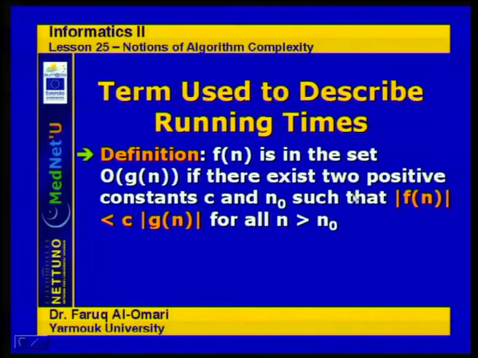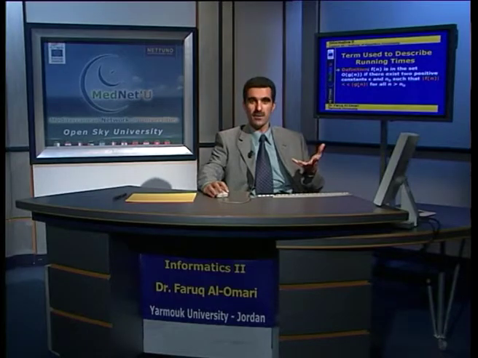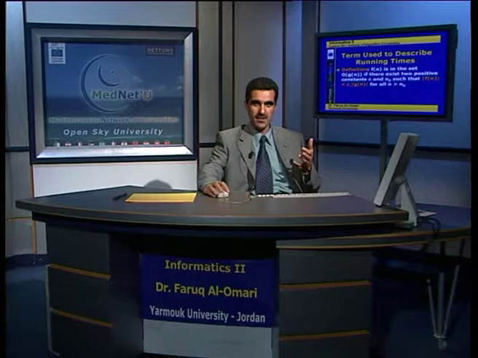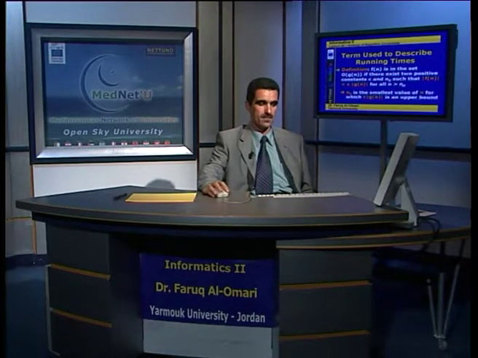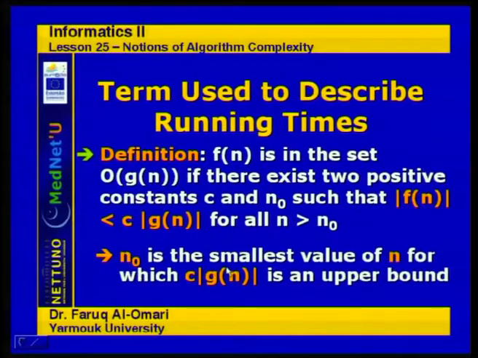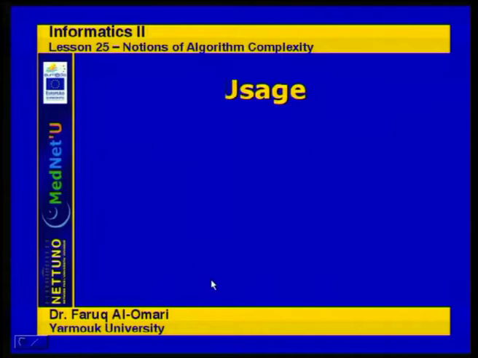Okay? That means these two functions are in the same order within constant c after a certain breaking point n0. So n0 is the smallest value of n for which I can consider this to be an upper bound on the function f of n.